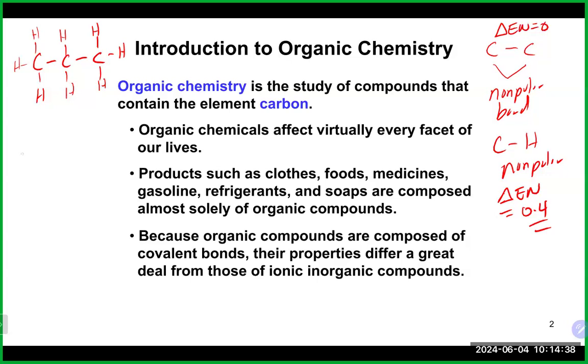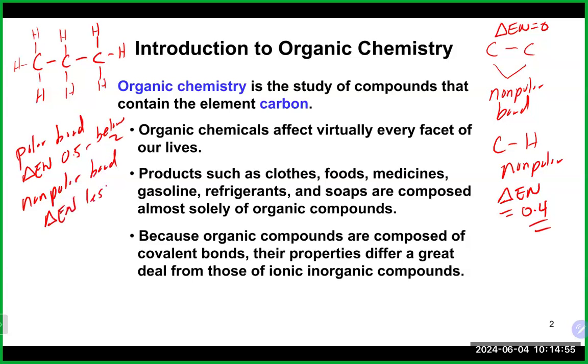A reminder that a polar bond is a difference in electronegativity of about 0.5 to below 2, and a nonpolar bond is a difference in electronegativity of less than 0.4, so 0 to 0.4.